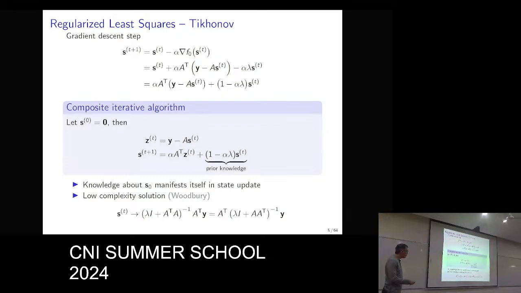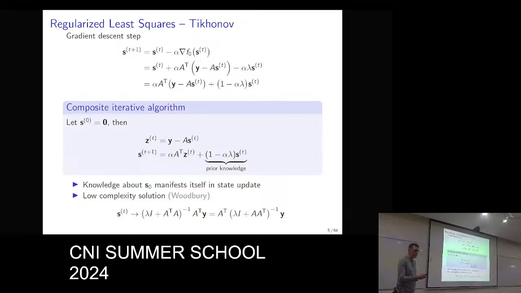Okay, and then we can recognize these as being very close to what we studied yesterday as an iterative step. It's slightly different because of this factor, but if we iterate through this starting from state 0, then this will converge to lambda I plus A transpose A inverse times A transpose y.